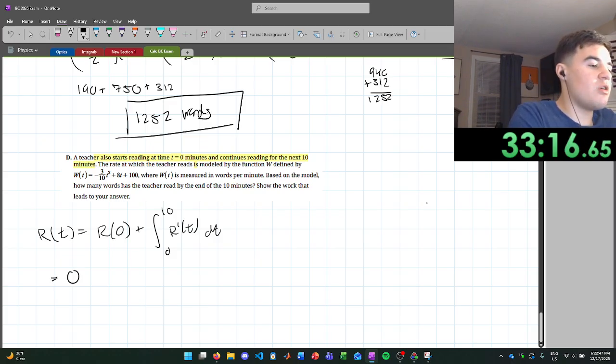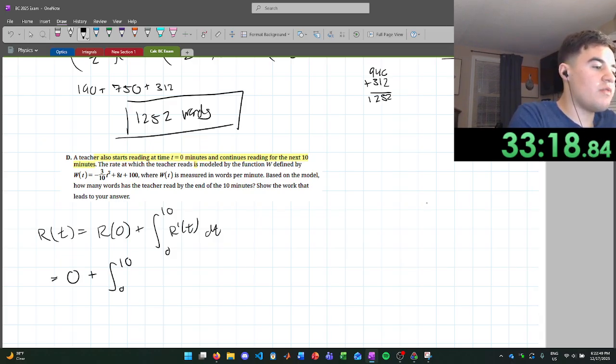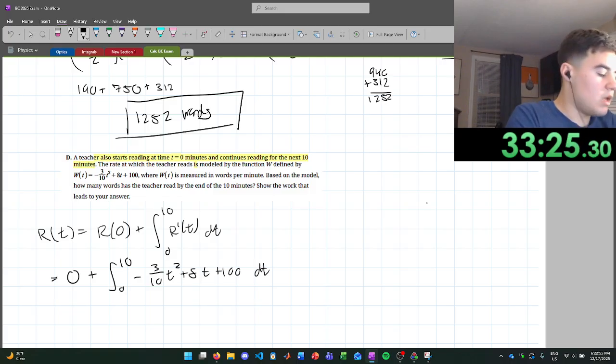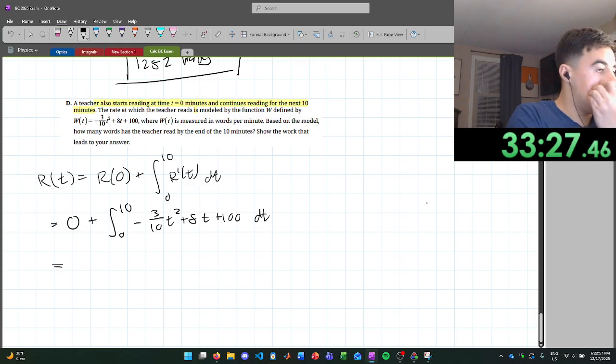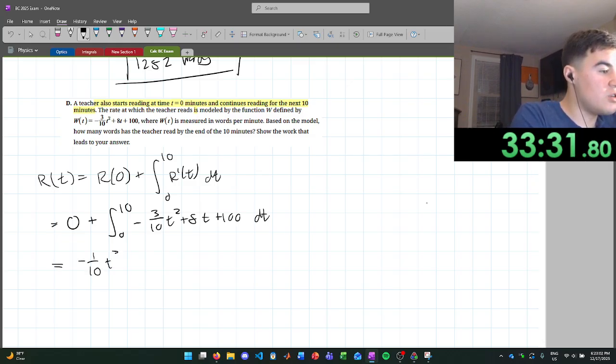So it's going to equal 0 plus the integral from 0 to 10 of negative 3 over 10 t squared plus 8t plus 100 dt, which is equal to, add 1 to the power and divide, negative 1/10 t cubed, plus 8t divided by 2, so this becomes 4t squared, plus 100t, evaluated from 0 to 10.